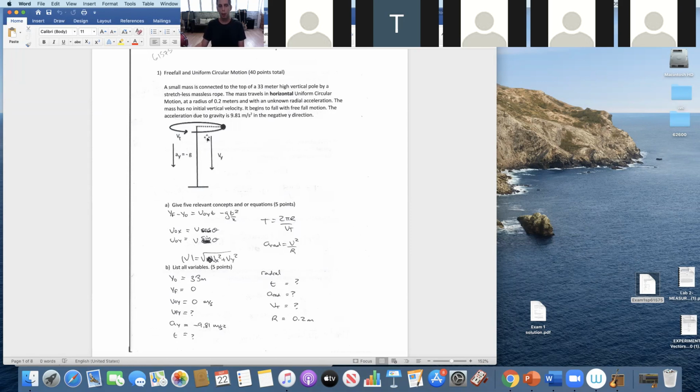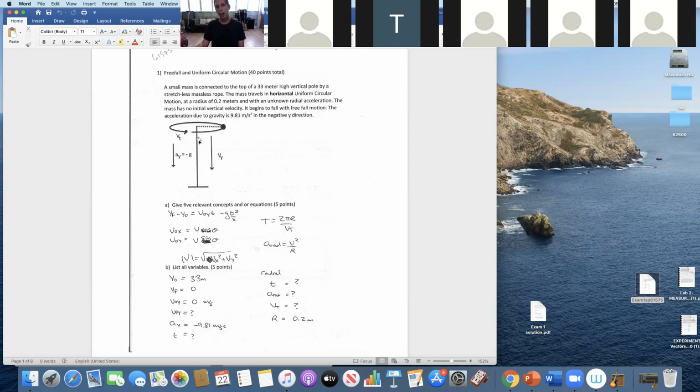We're told in this problem that this thing's spinning around and then it's allowed to drop. When it drops, it's going to continue to spin around and around. We're going to assume that nothing changes in this horizontal motion, and even though it's spinning, its initial vertical motion is 0.